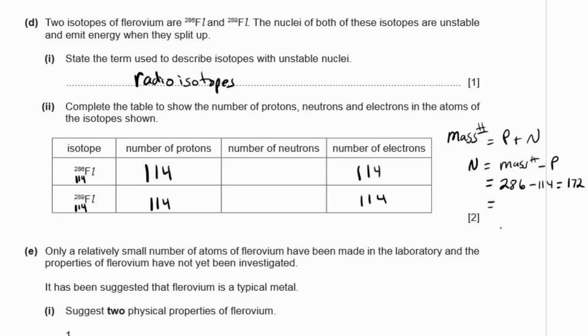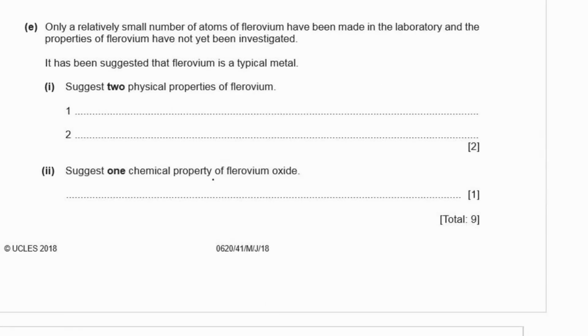For flerovium-289, that's 289 minus 114, and that equals 175. So we have 172 and 175, and that's it. Good.